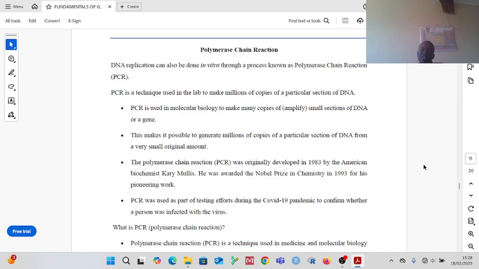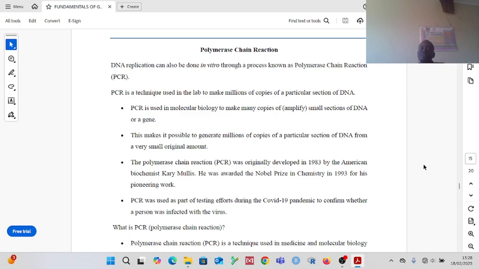With PCR, you are referring to a technique through which you can make many copies of a particular section of DNA in the laboratory. PCR is used in molecular biology to amplify small sections of DNA, or sections of a particular gene. So you use PCR to make many copies of a particular gene.